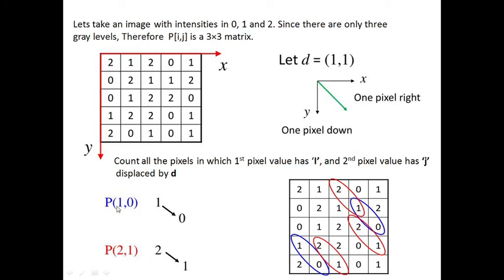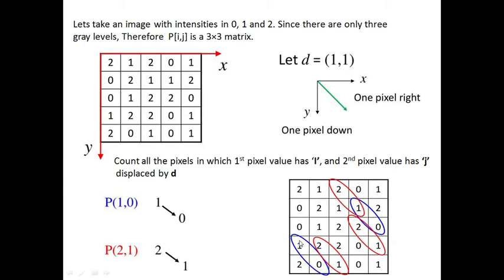So by seeing this input image for P of 1, 0, all the blue wrapped curves in this image have first pixel 1 and second pixel 0, and the pixel pair is oriented along this diagonal.